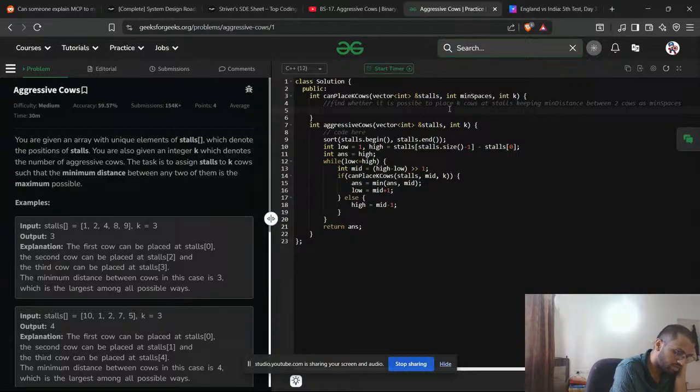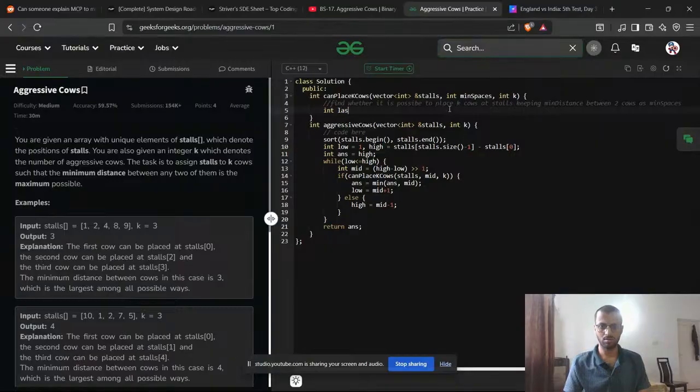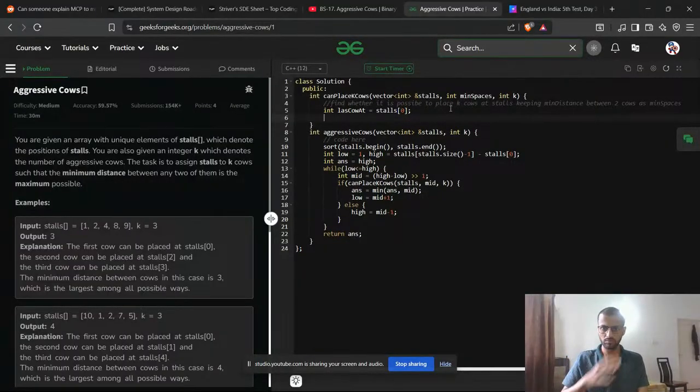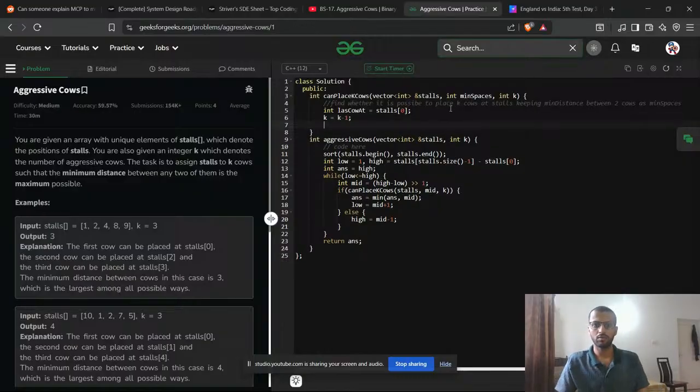Okay. Last cow position. Last cow. Next one, count store 0.